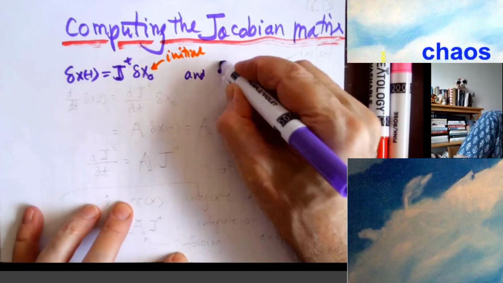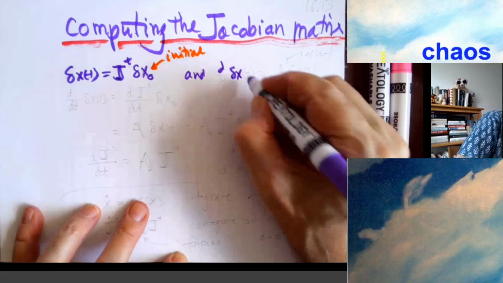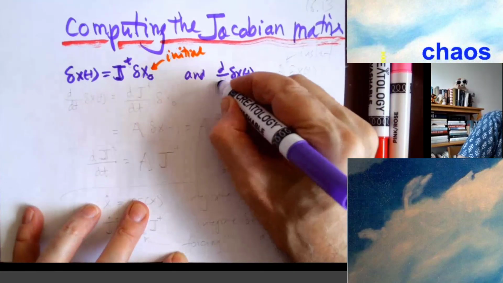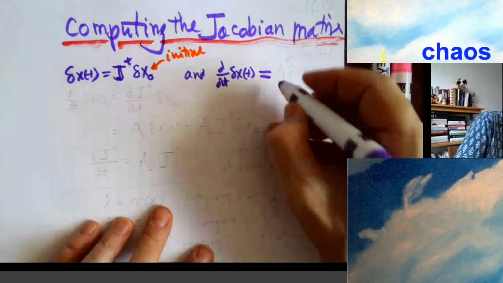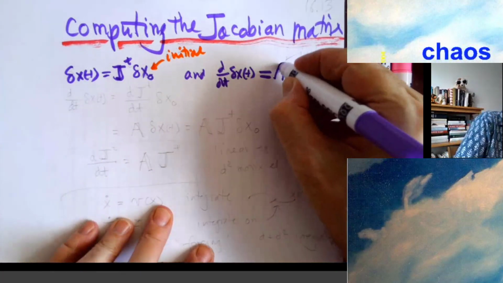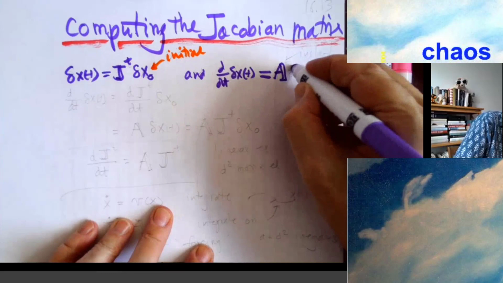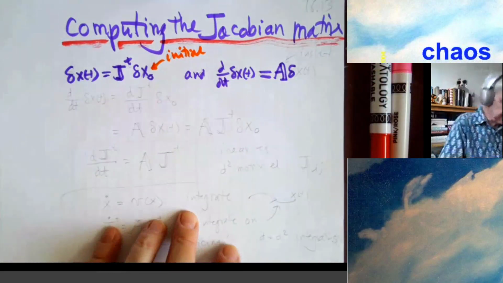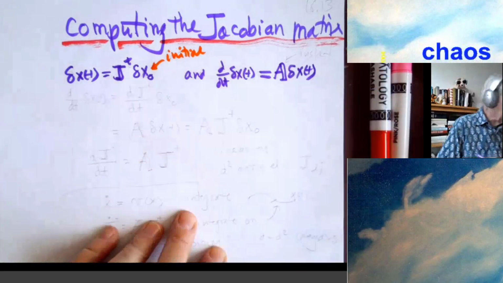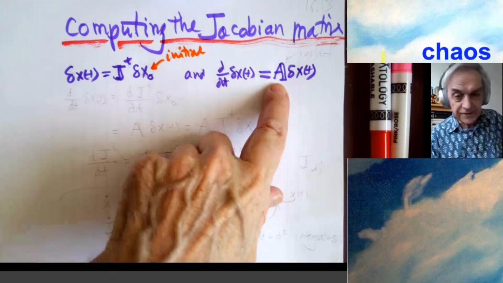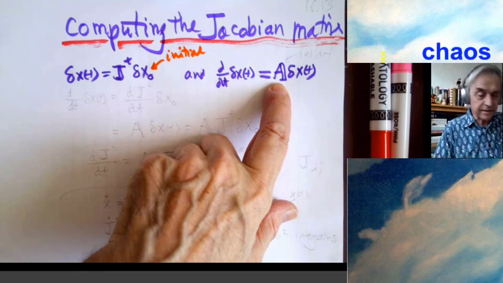And I know that the derivative of a small thing at time t, that's the first thing I told you, is to linear approximation, instantaneous stability is controlled by this matrix of velocity gradients.